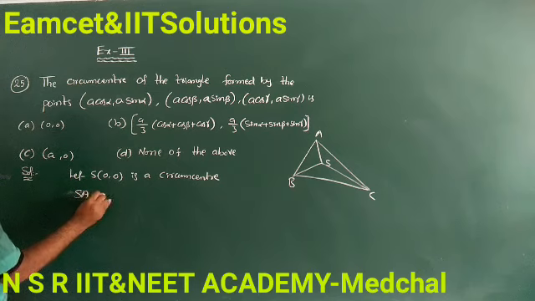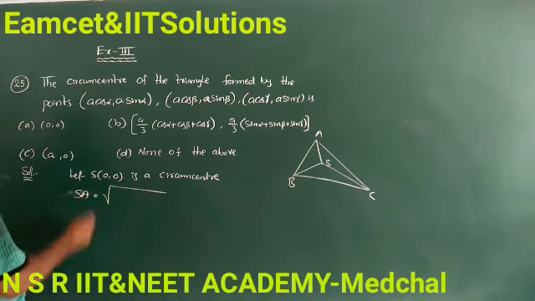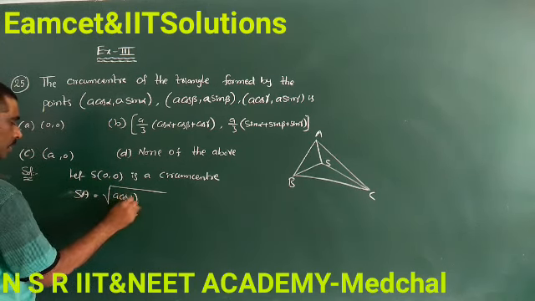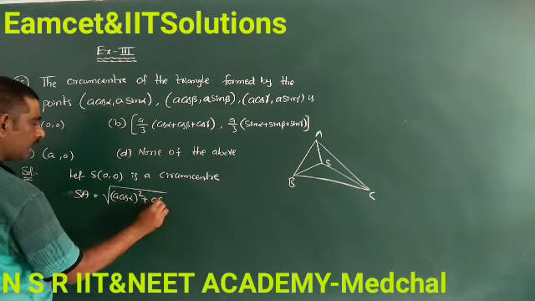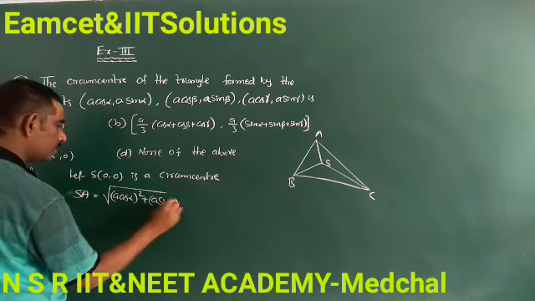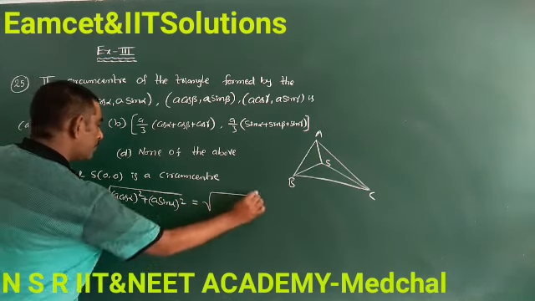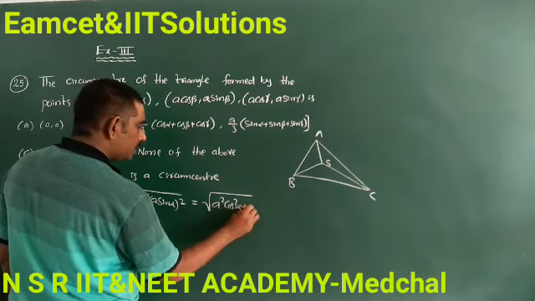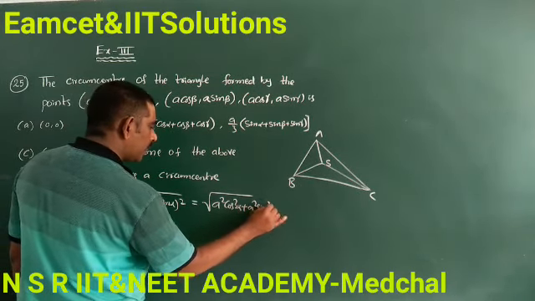So find the distance SA. So square root of (a cos alpha minus 0) whole square plus (a sin alpha) whole square, it is equal to square root of a square cos square alpha plus a square sin square alpha.